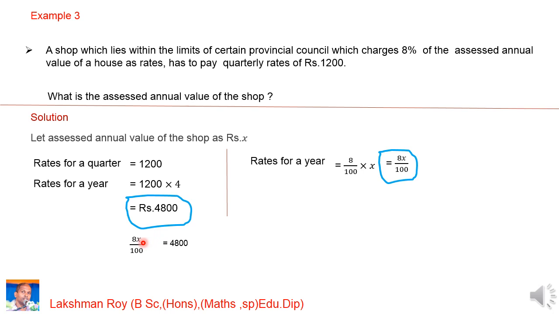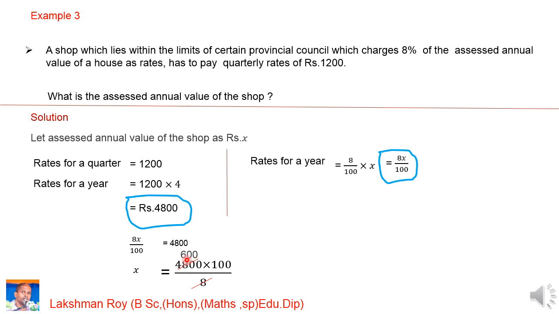Now you can see x is multiplied by 8 and divided by 100. Now you can remove them. Divide by 100 means we should multiply by 100, and multiply by 8 means we divide by 8. Now you can cut 4,800 by 8, right? Let's see. 8 has one 8, 4,800 has 600 eights.